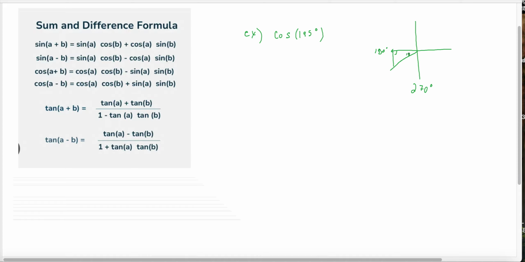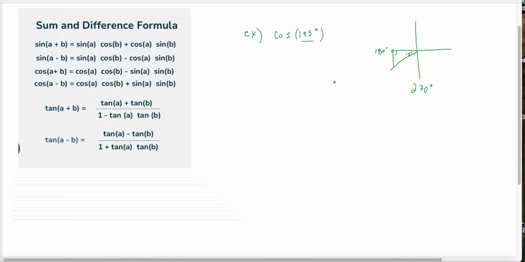So that's not one of those special triangles that we know those exact values of. That's what these formulas allow us to do: we can break 195 degrees up into the sum or difference of angles for which we can find exact values.